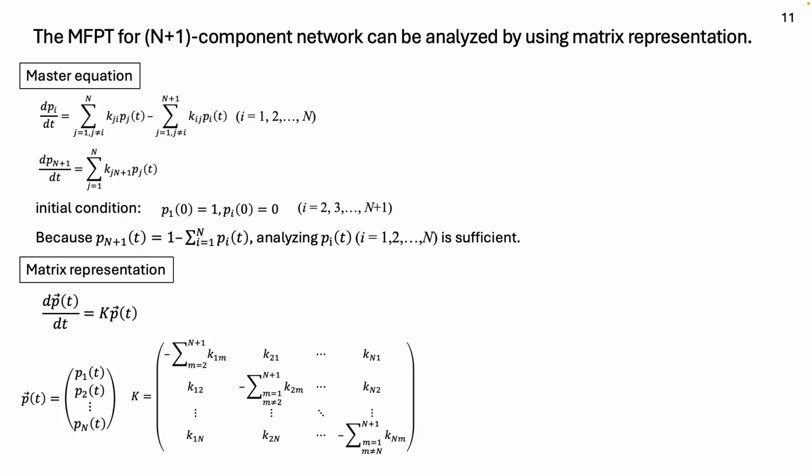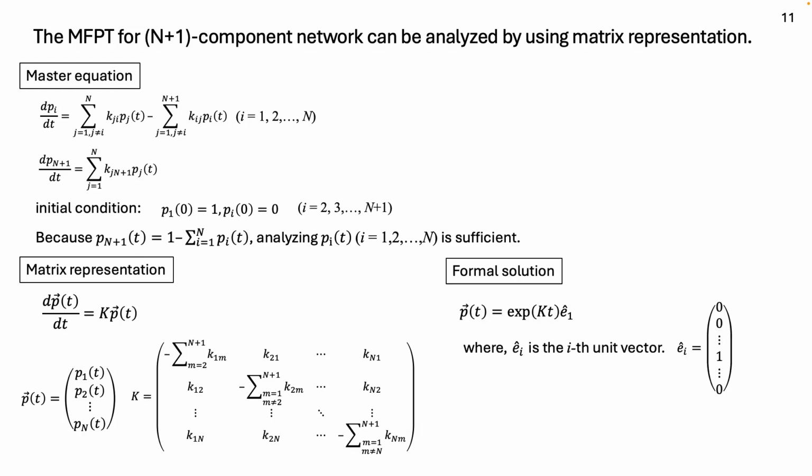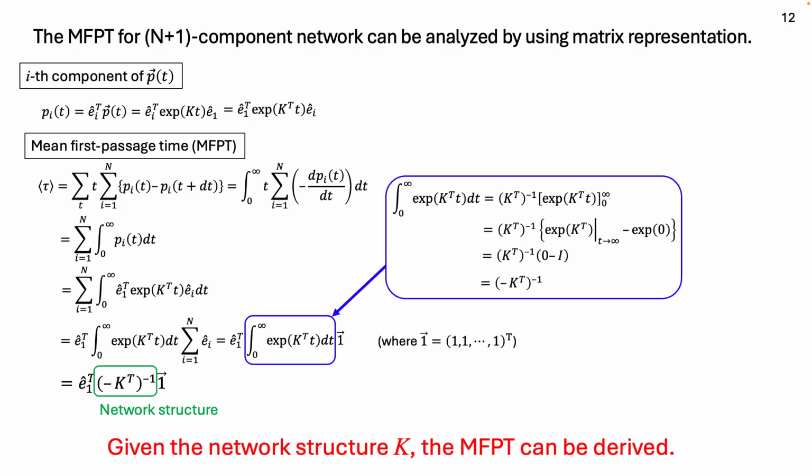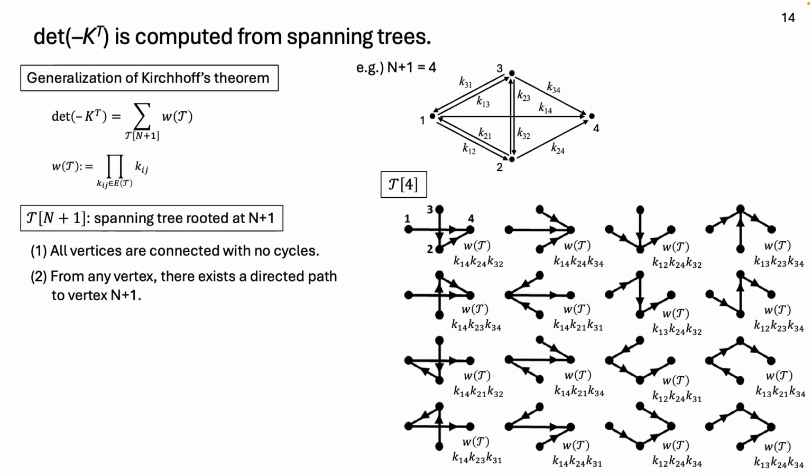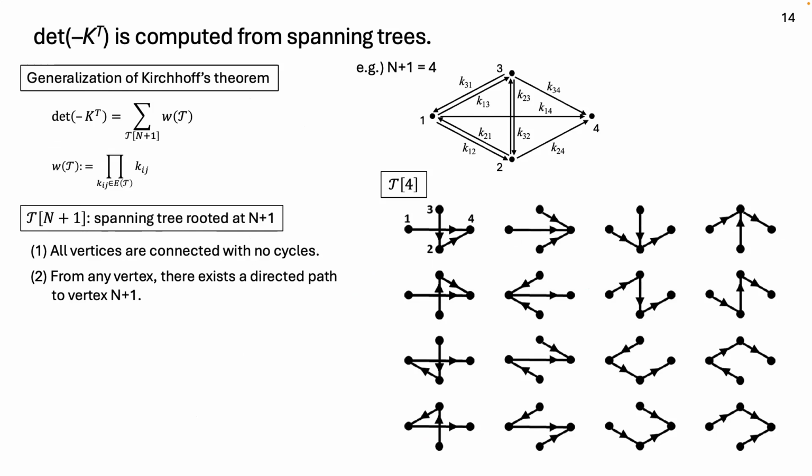But if all components are connected, this matrix is not singular, and then there is a spanning tree. Maybe in that case, we can find some sub-network that can connect to our final definition, and maybe we can calculate them. Do the same thing to calculate the first passage. Right, I think so.